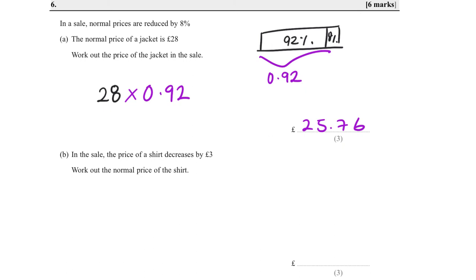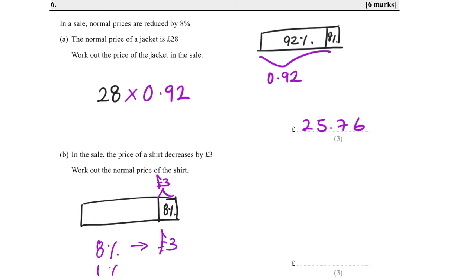Now for the second part of the question, it's different because it says, in a sale, the price of a shirt decreases by £3. So we know we're taking away 8%, and they're saying now that 8% equals £3. So if 8% is equivalent to £3, what's 1%? How do we find that? 3 divided by 8.